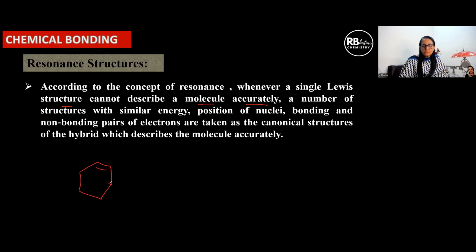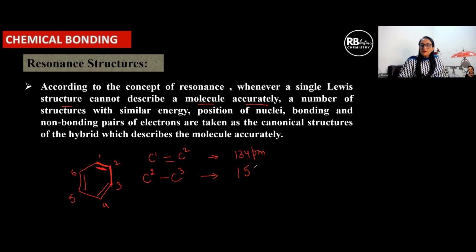If I give you the simplest possible example, the structure of benzene is drawn like this. If I label the carbons with numbers, then C1 and C2 have a double bond, which should have a smaller bond length in comparison to the C2 and C3 bond, which is expected to be a single bond and hence is expected to have a longer bond length, 154 picometer.